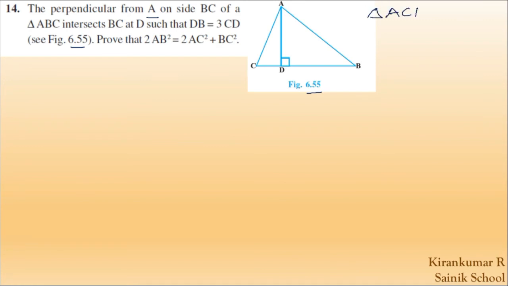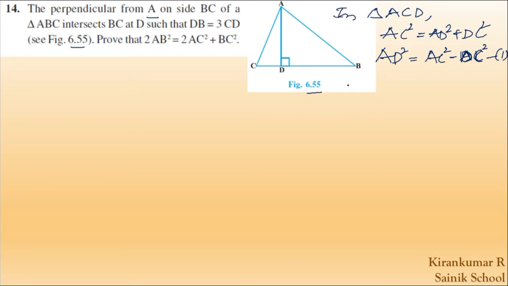Let me consider the triangle ACD. In this triangle, we have AC square equal to AD square plus DC square. If I want only AD square, I can write it as AC square minus DC square. Let us name this as equation 1. In triangle ABD, AB square equal to AD square plus BD square.